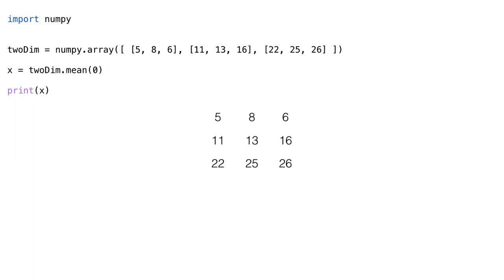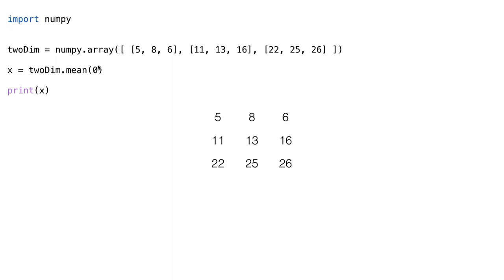Well, let's find out. Just like before, I'm going to express this two-dimensional array as a matrix, something that is two-dimensional. What this dot mean 0 actually does is, the mean takes the mean, which hopefully is self-explanatory. This is in fact going to take an average of numbers. Now this 0 right here, that's when things get a little bit interesting. This 0 tells the computer that we want to take the average across the 0th dimension.